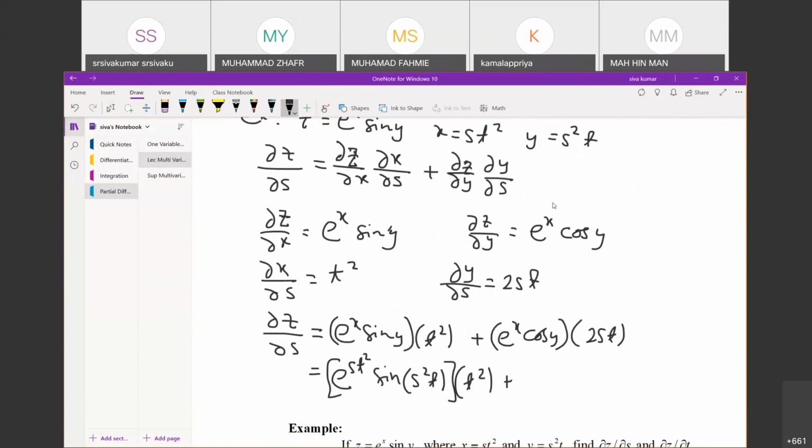Similarly, I hope you now know what the logic is here. Therefore, you do nothing to cos of s squared t, bracket 2st. Then you see all the combinations are in st form. Then you have completed the whole work.